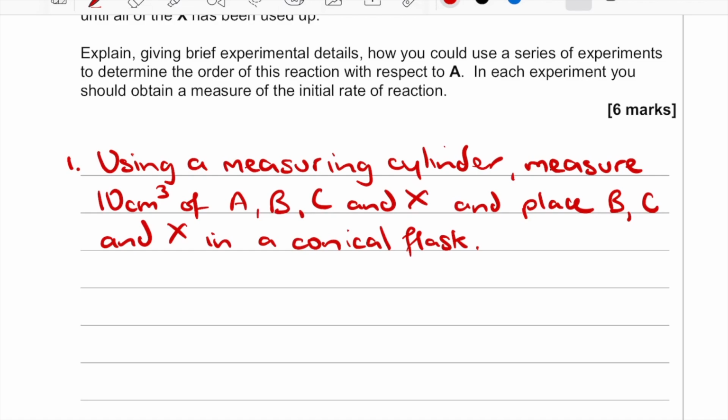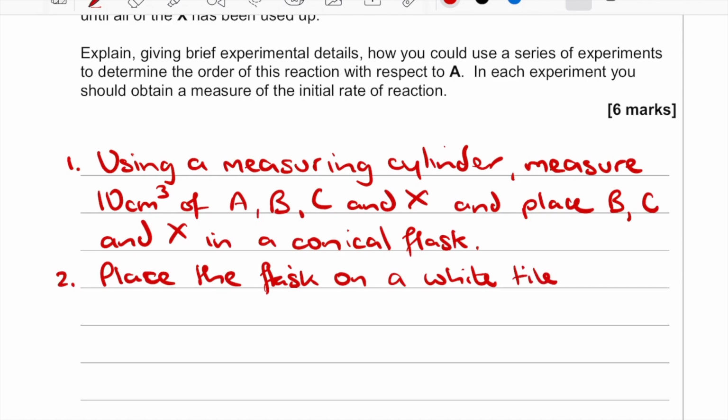So you can't add A, B, and C all together at this point, right? You're just getting things ready. Next, let's place the flask on a white tile. So that's what we're going to have our cross on. So white tile with a black cross.